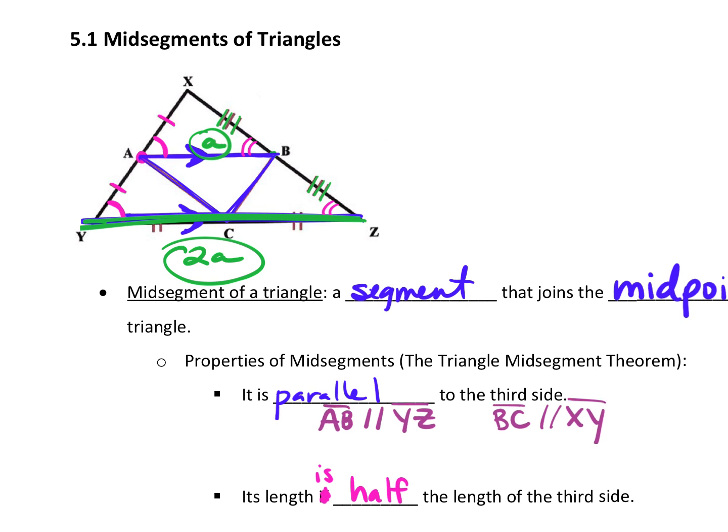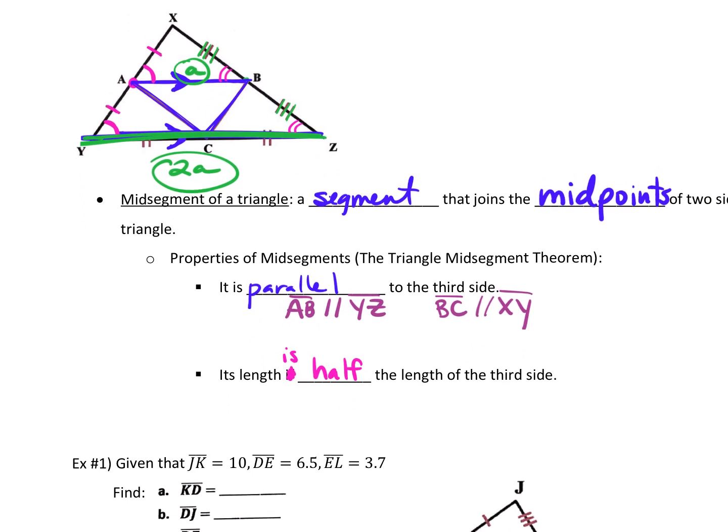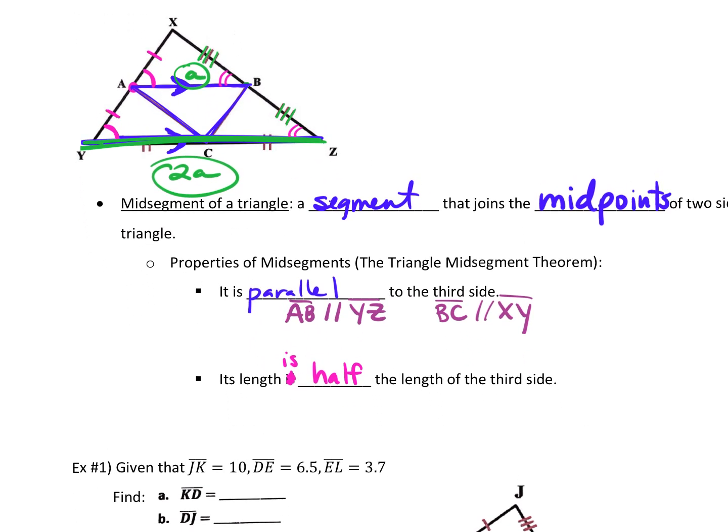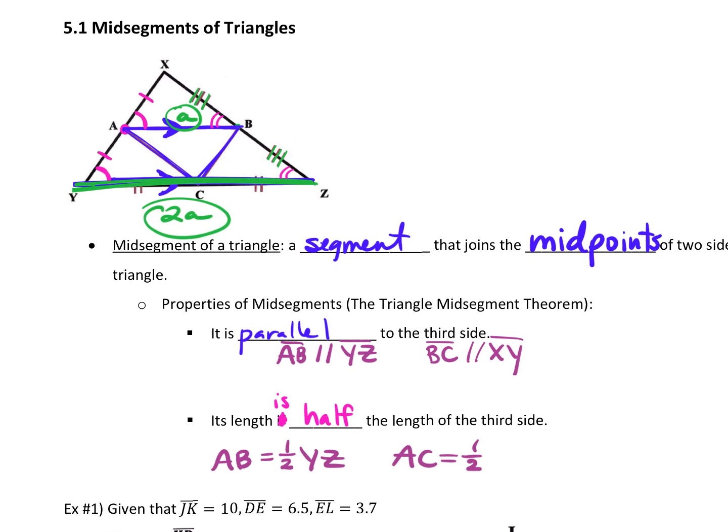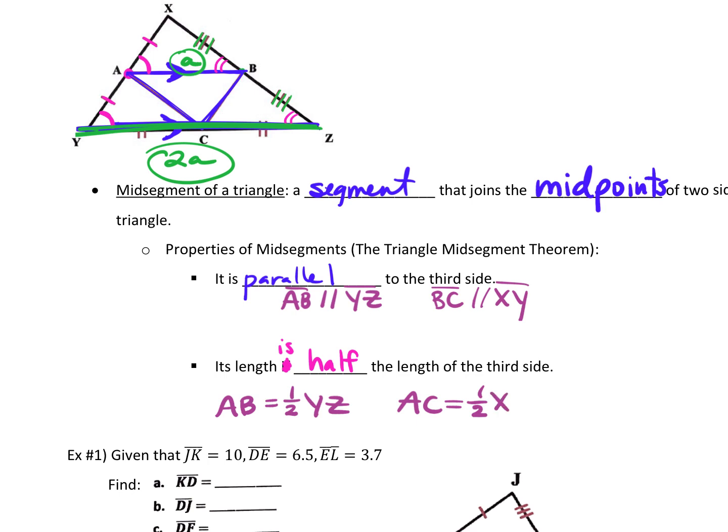Okay, so you'll have segments that are parallel, but then you also have the relationship between their lengths. So you could say AB is half of YZ, or you could say AC is half of XZ.